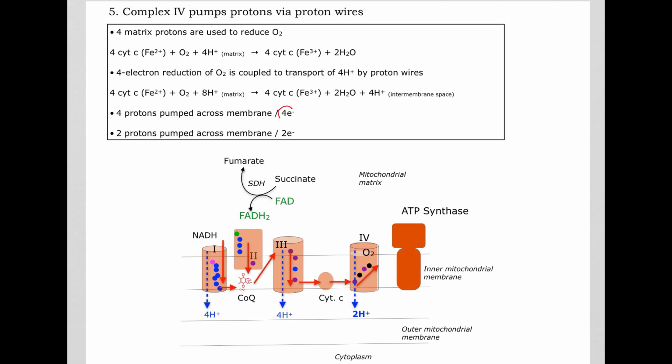So for 4 electron transfer, we have 4 protons pumped across the membrane. Therefore, for a pair of electrons, we will have 2 protons pumped across the membrane. So that's where this number 2 comes from. So unlike complex 3, which pumps 4 protons per pair of electrons, and complex 1 that pumps 4 protons from a transfer of pair of electrons, complex 4 only pumps 2 protons from a pair of electron transfer.